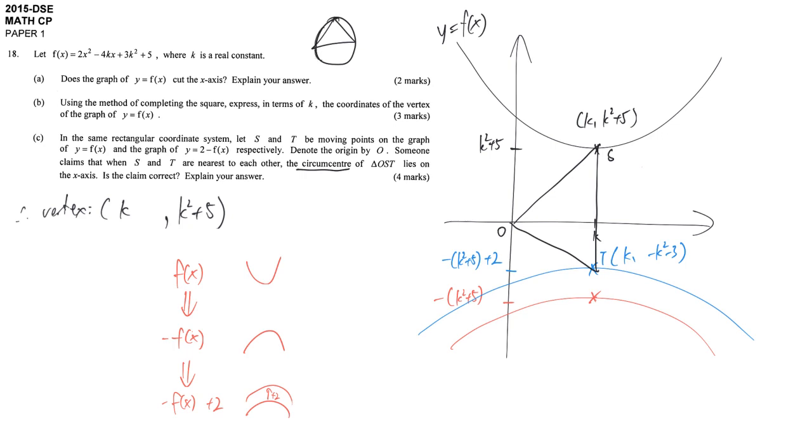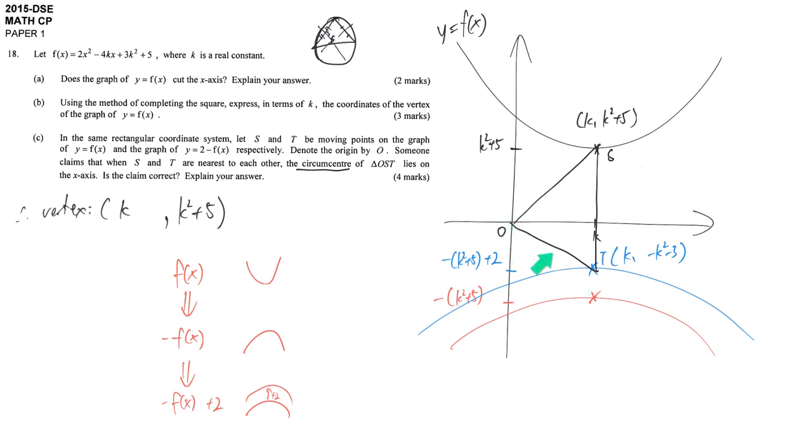And one of its properties is that it lies on the perpendicular bisector of each chord. That means the perpendicular bisectors of every edge will intersect at that point. So to get the circumcenter, our target is to get the perpendicular bisector of each side.